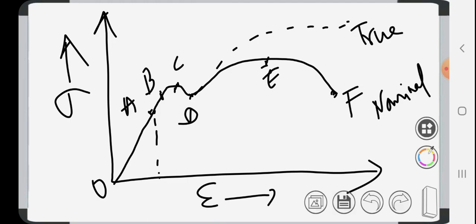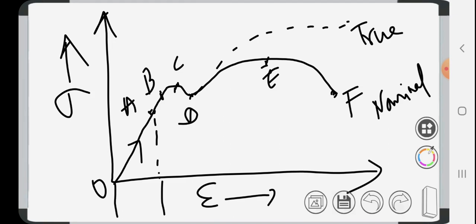So students, we have this stress versus strain graph that we have obtained for mild steel when it has undergone a uniaxial tensile test. Initially you can see sigma increases linearly with epsilon. That is, stress increases linearly with strain.